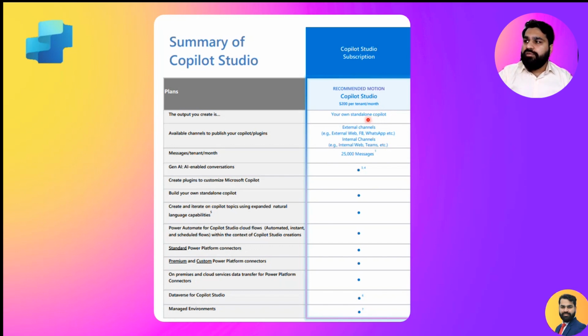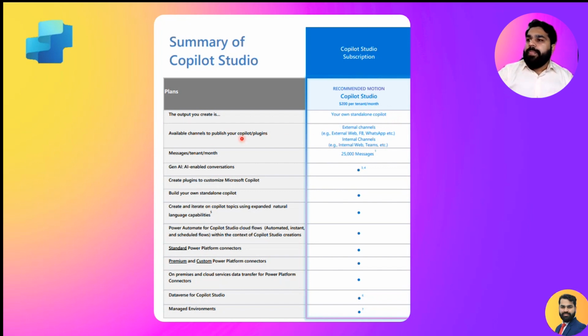And on top of it, Copilot Studio also helps us extend the first-hand copilots which are already built. For example, if we want to extend a particular copilot with our own database, we can go ahead and extend that using plugins and connectors.